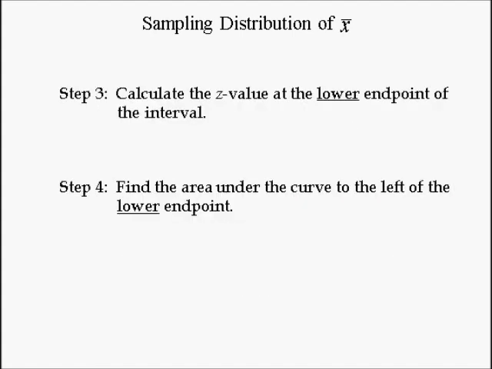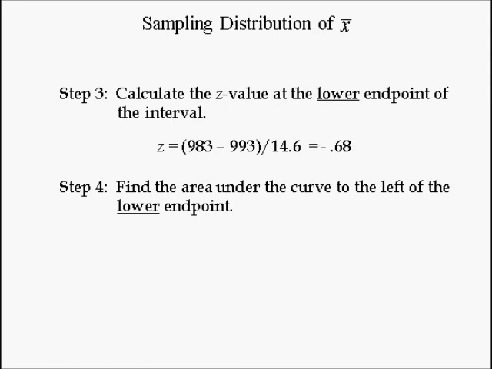In step 3, we need to calculate the z-value at the lower endpoint of the interval, 983. The z-value is equal to the difference between 983 and the population mean of 993 divided by the standard deviation of the mean, 14.6.